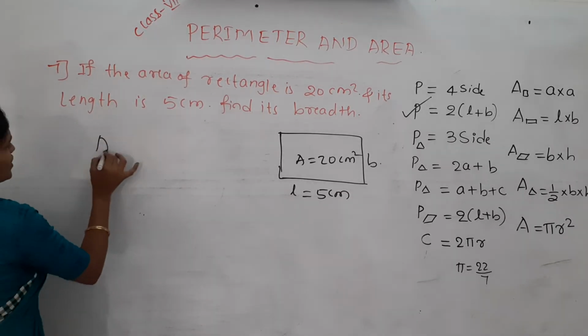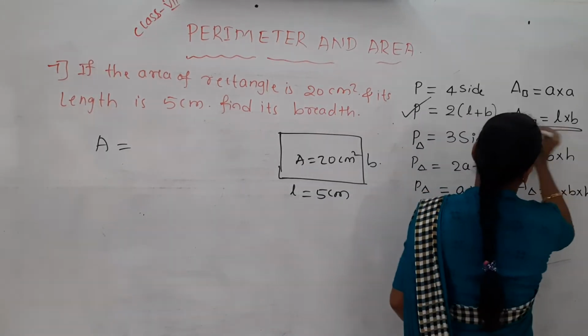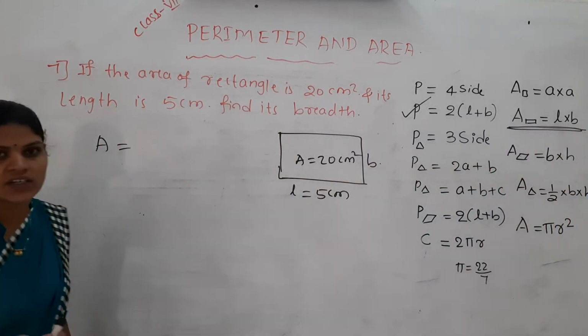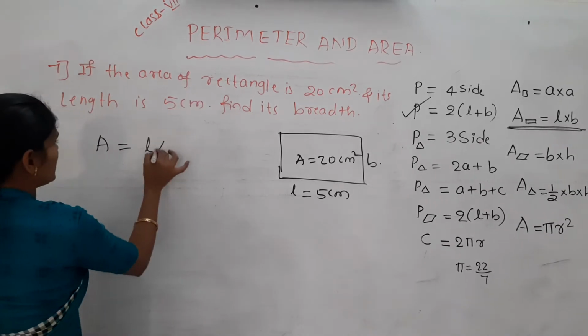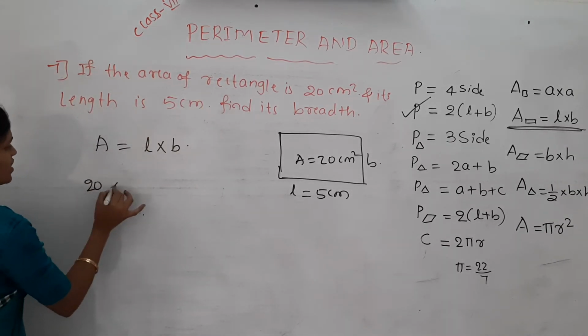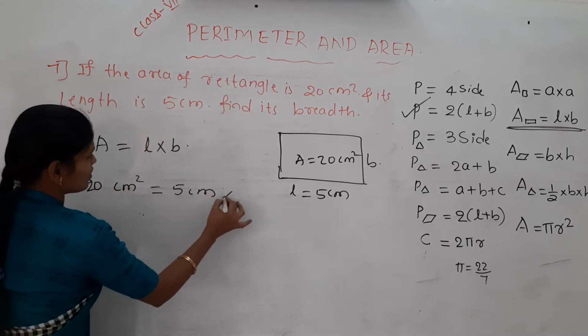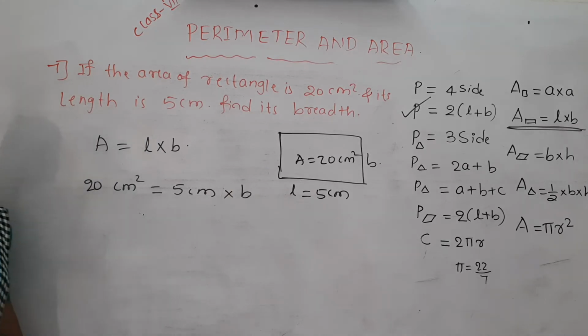Okay. So what is the formula to find the area of a rectangle here? Area of the rectangle is length into breadth. Yes, what is the area here? 20 centimeter square equal to length 5 centimeter into breadth B as it is.